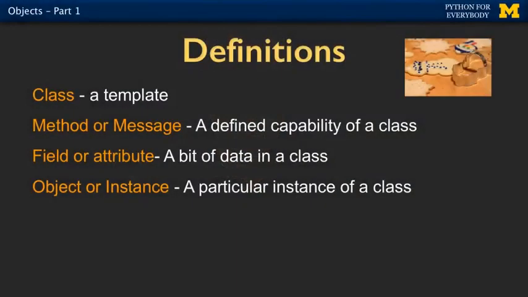We can have as many strings as we want. We have a string called X, and we could have a string called Y, and a string called Z, and X could have something different than Y and Z. But the class is string. And then methods are like uppercase, string.uppercase. That's a method, that's a capability. And attributes are data that's part of a class as well. And so we'll get to these.